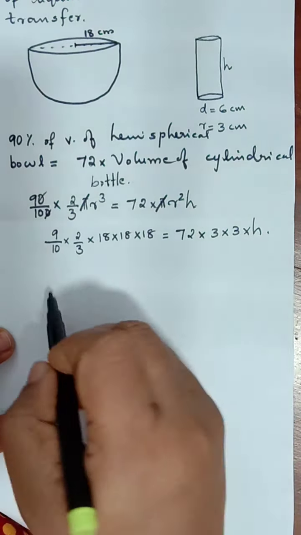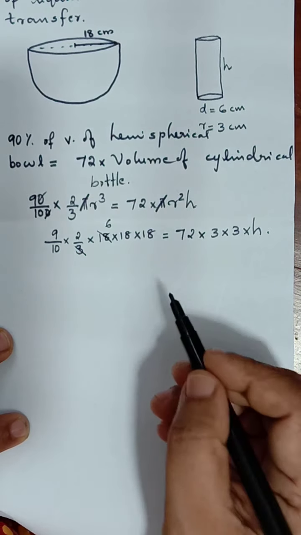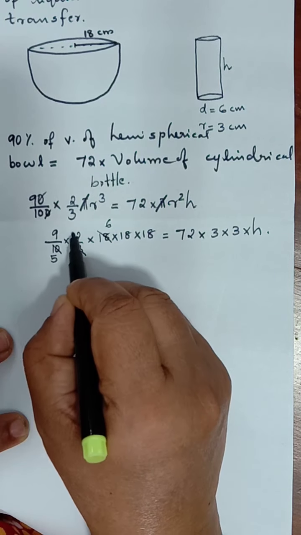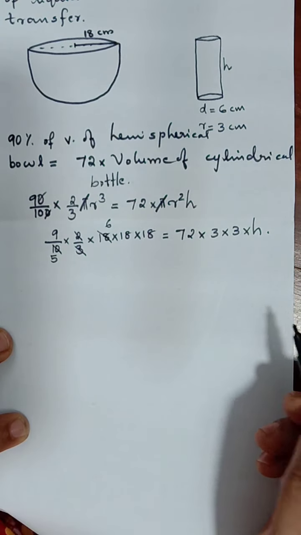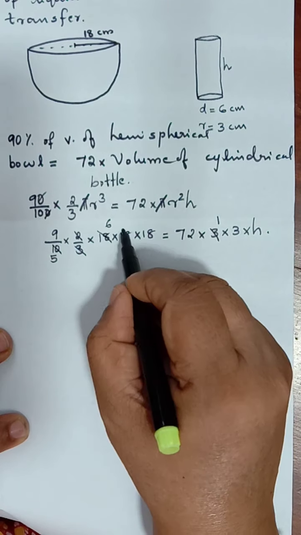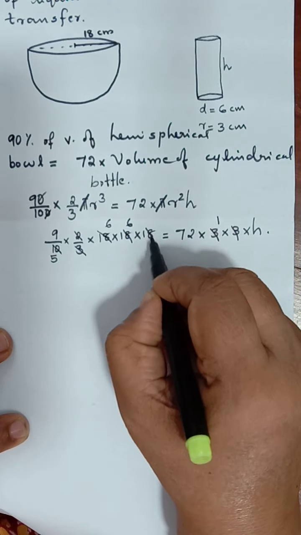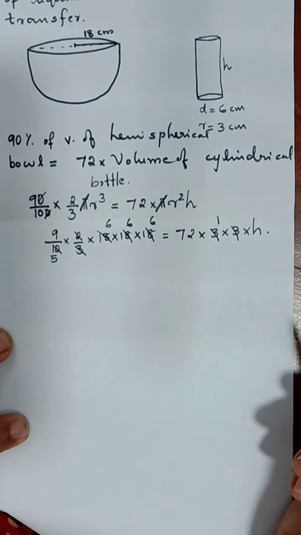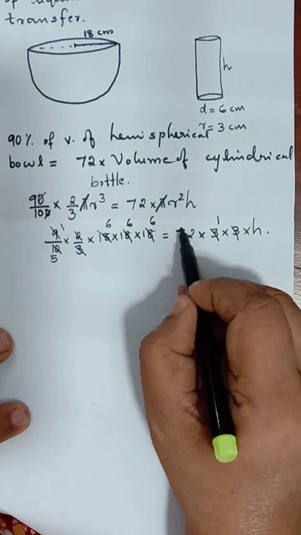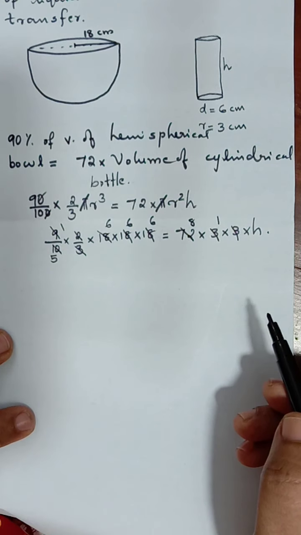So here we will cancel 3 and this 6 times. Here 5, 2 goes. Now transferring to the other side. 3 one time, 6 times. Again 3 and 6 times. 9 one time, this is 8 times. 9 8s are 72.